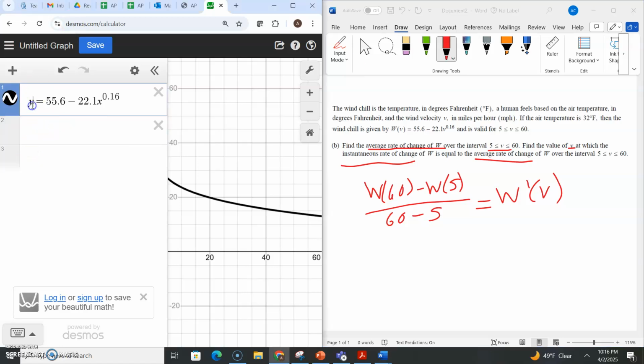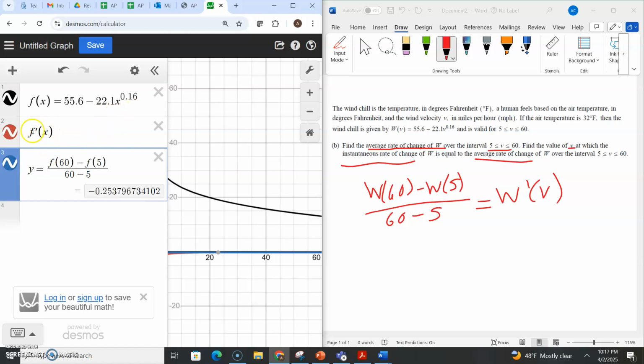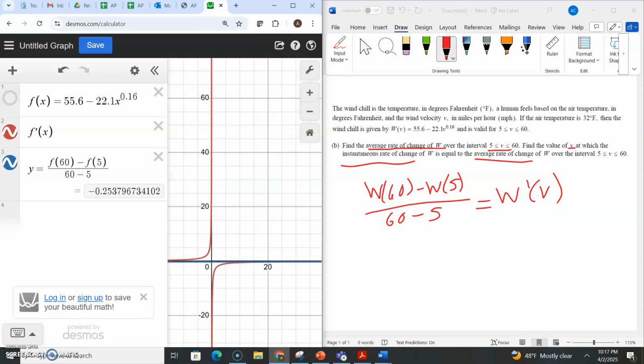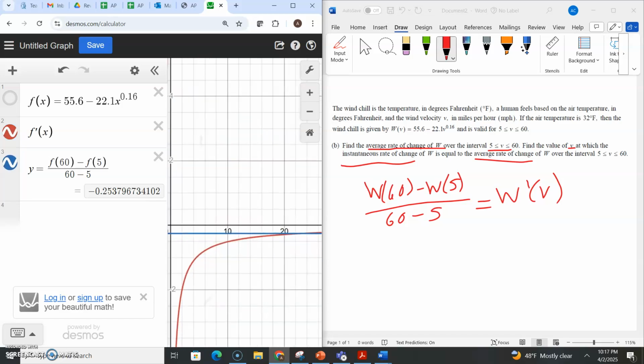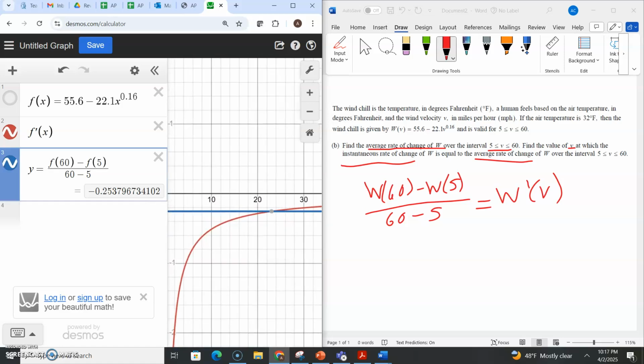So let's call it f of x. f prime of x will be our derivative, and then our slope is, in this case, f of 60 minus f of 5 over 60 minus 5. And we want to set that equal to our derivative function. So let's make our function disappear. And I'm going to zoom in a little bit along this axis so I can see when they intersect.